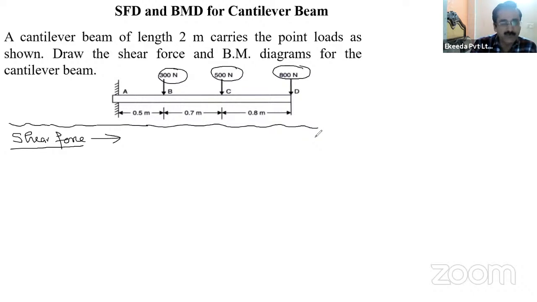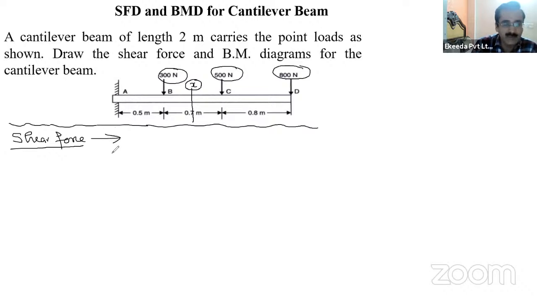Before we start this question, let us formulate or define what is shear force. If I want to find out the shear force at a certain section, suppose section X, at this section I want to find out the shear force.